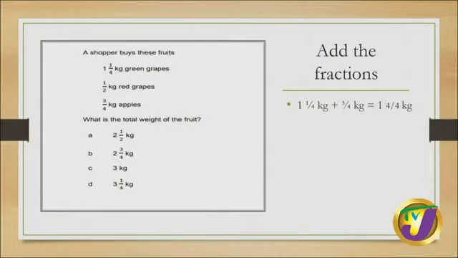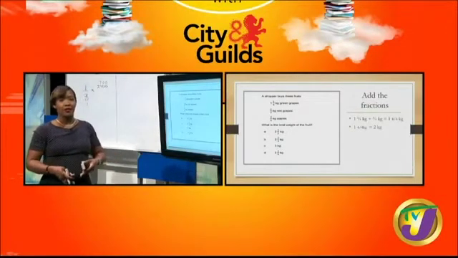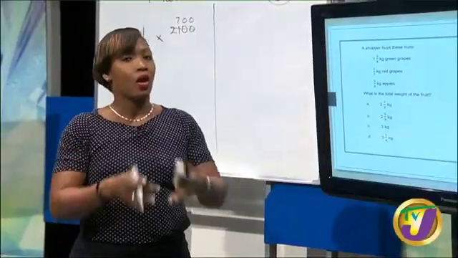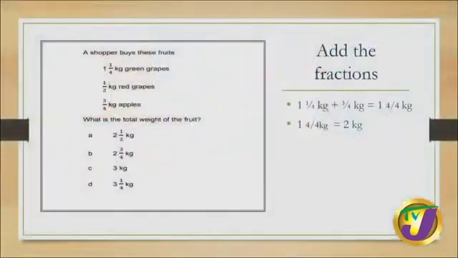So 1 1/4 kilograms plus 3/4 kilograms gives us 1 whole and 4/4. Now, by now you should understand that if you have all 4 parts out of the 4 parts that you should have, that's a whole. So 1 4/4 kilograms is really saying you have 2 kilograms.